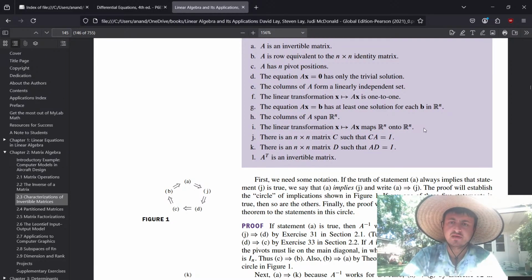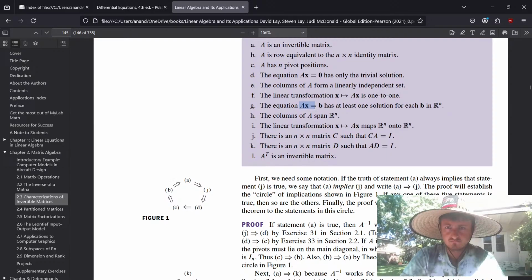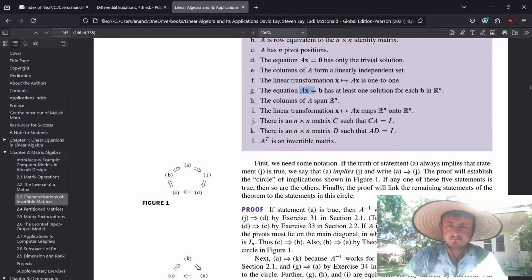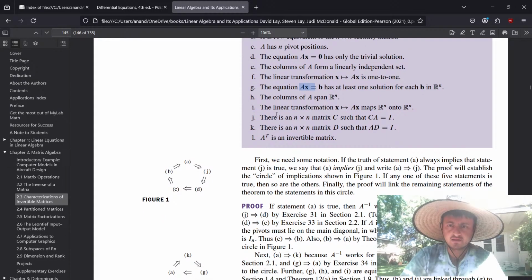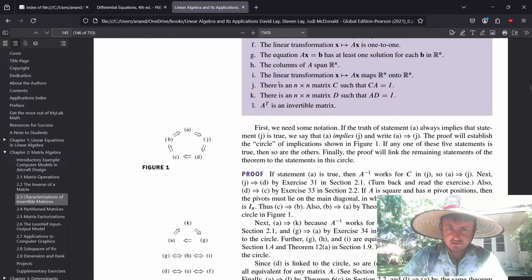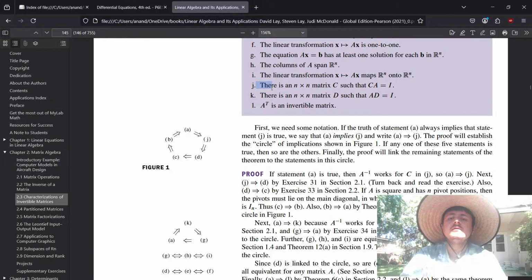If something spans a codomain, then it's onto that codomain. Okay, so it's onto. J is that it has an inverse. J and K both are about inverses. And L.